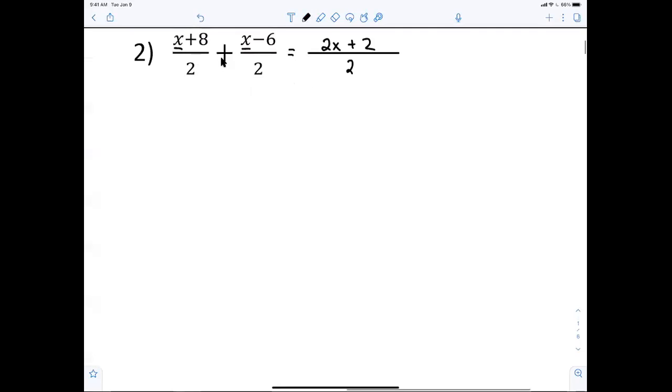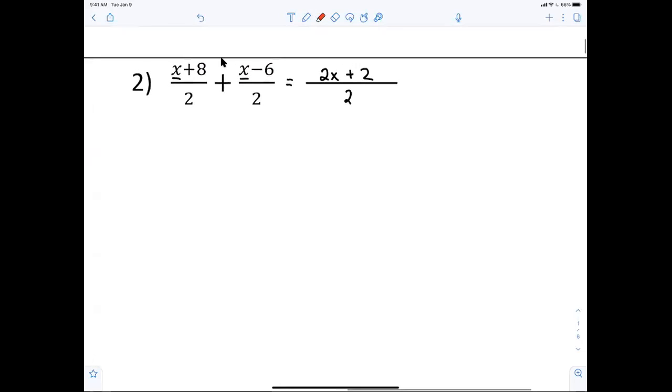I want everybody to highlight this 2, this 2, and this 2. Because all of them have a 2 in it, you can now divide every term by what? 2. Because they're all divisible by 2.